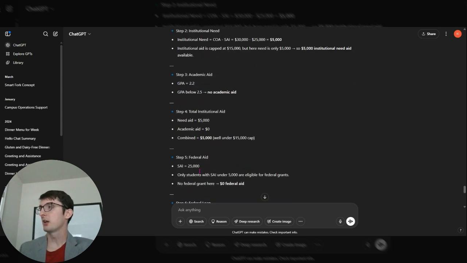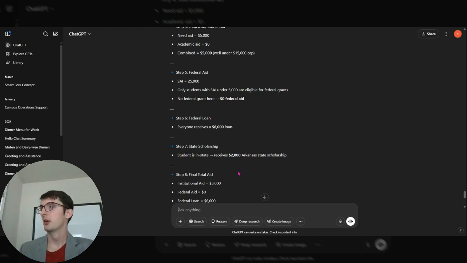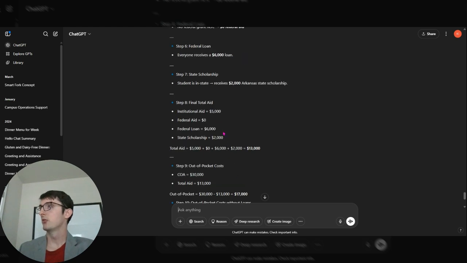His federal aid, he's not going to be eligible for any federal aid. His state aid, he does live in state, so he's going to get a $2,000 Arkansas State scholarship. And then his final total aid is simply the institutional, his federal loan eligibility, and then his state scholarship. So $13,000.